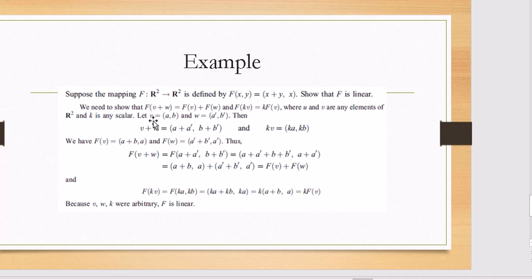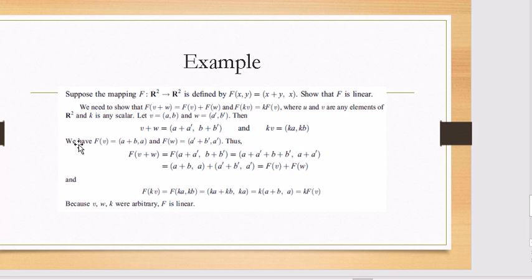Now we suppose that this vector v of R2 is this pair, and this vector w is written like this pair. First we sum v and w. Summing up we get this, and if we multiply the vector v with the scalar k, we apply the usual multiplication rule.